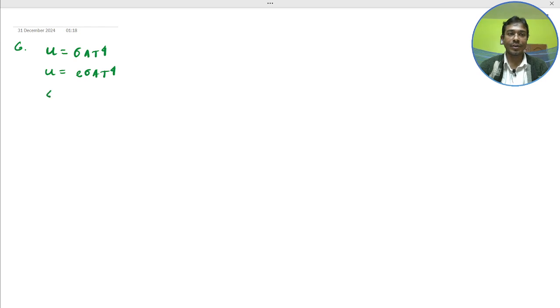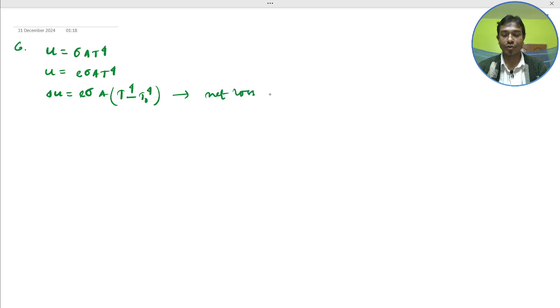So del U would become e sigma A times T to the power 4 minus T0 to the power 4. This is the net loss of thermal energy per unit time.